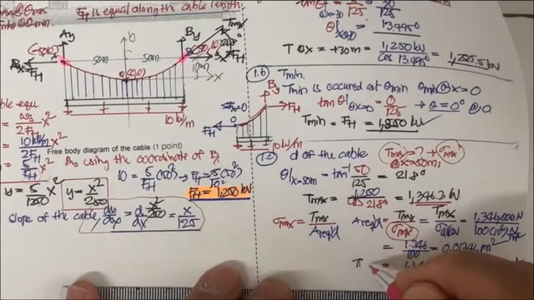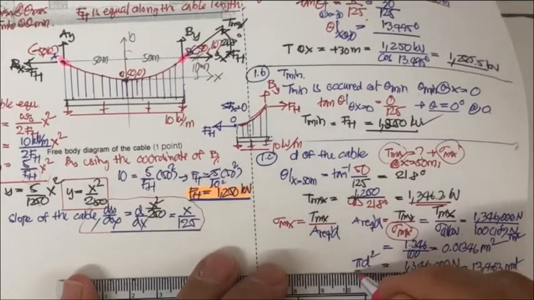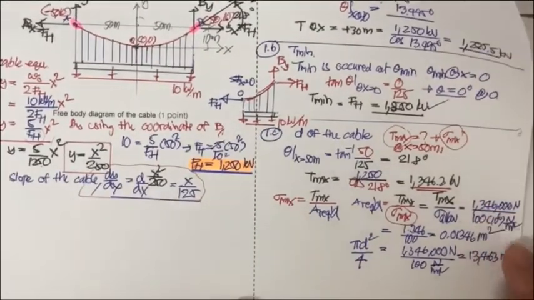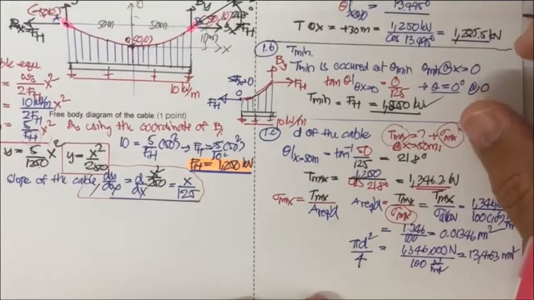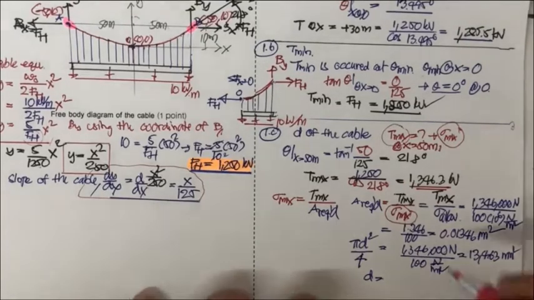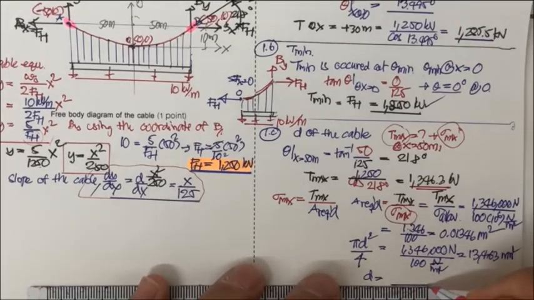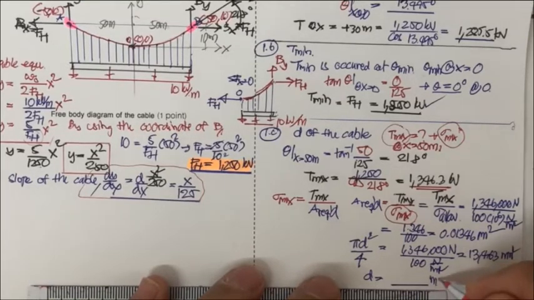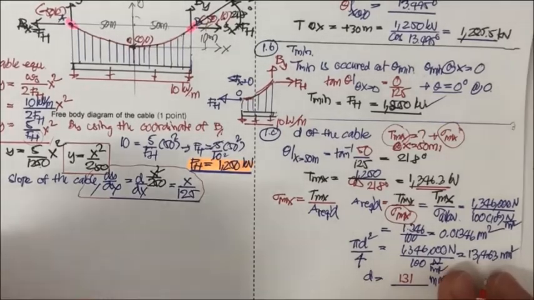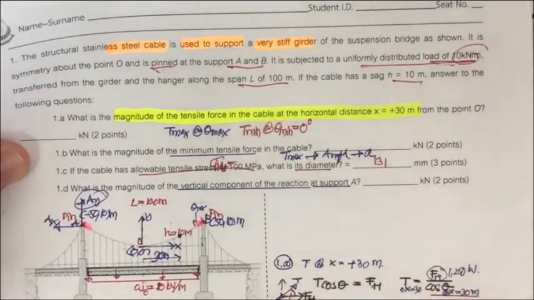And you may have this equal to pi d square over 4. By doing this, you may get the diameter. You may pause the clip, use your calculator and do the calculation. You got 131 millimeter. Put this diameter as 131.